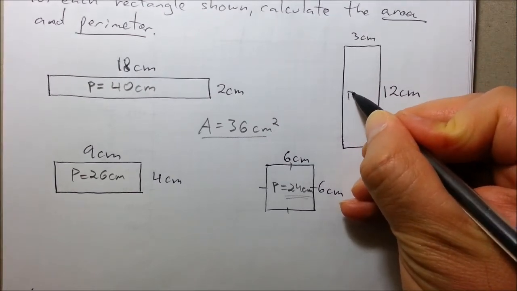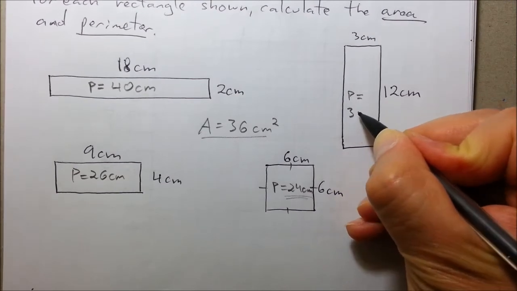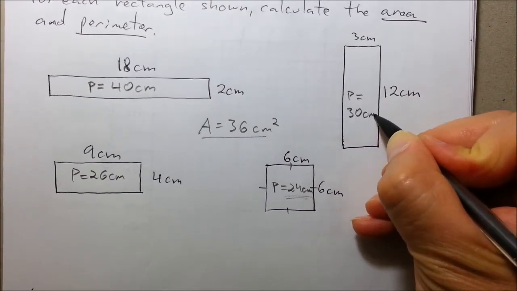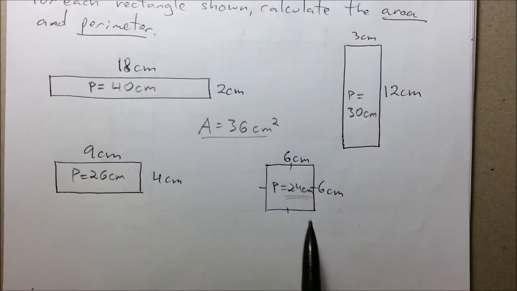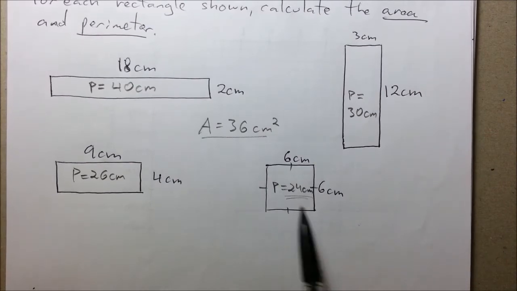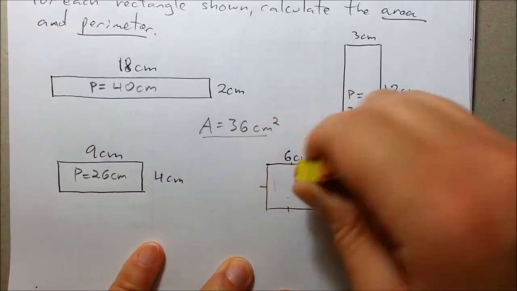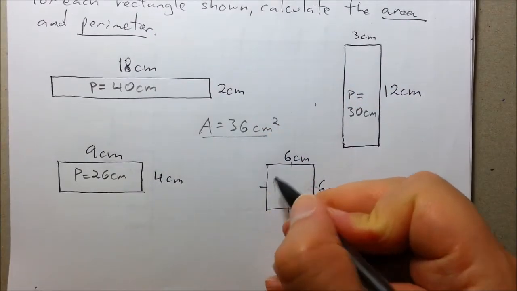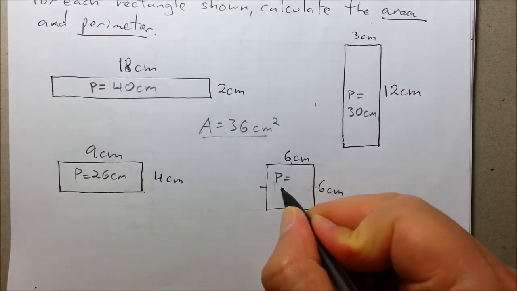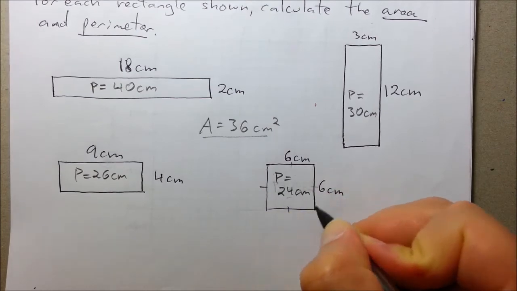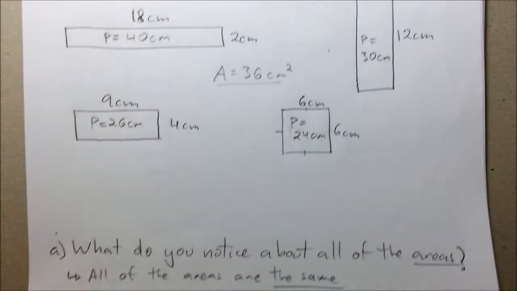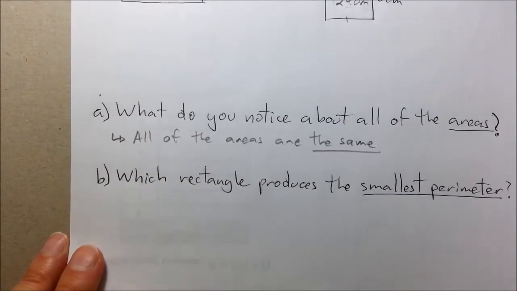So P equals 30 centimeters. Hope you guys can see this 24 on your video. I'm just going to write it here: P equals 24 centimeters.